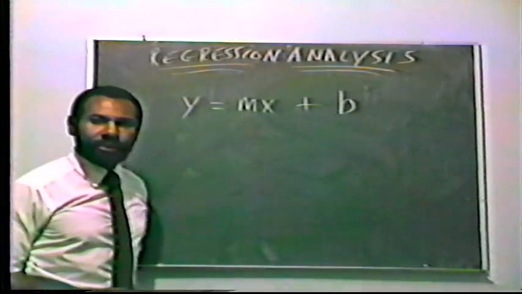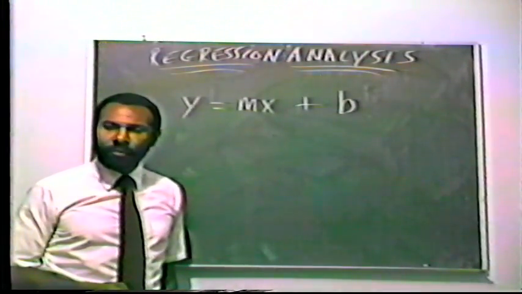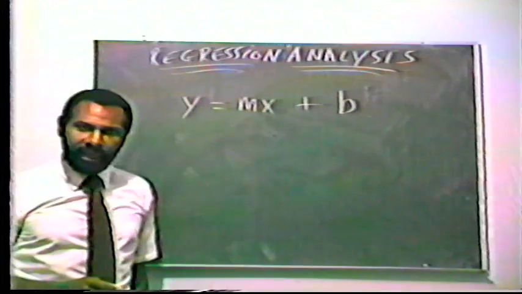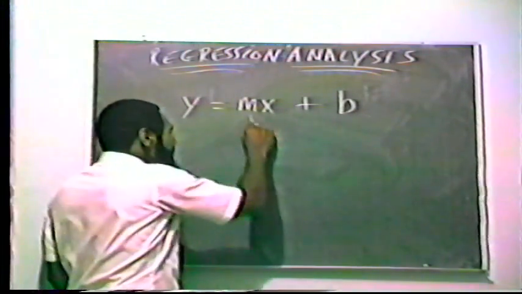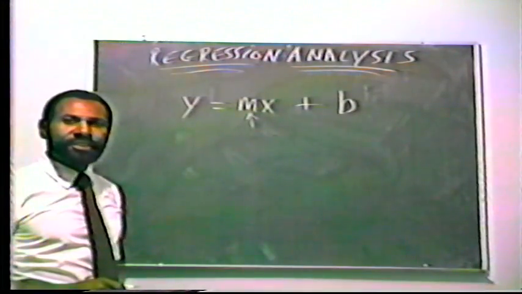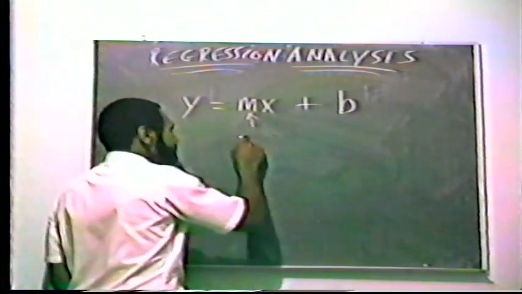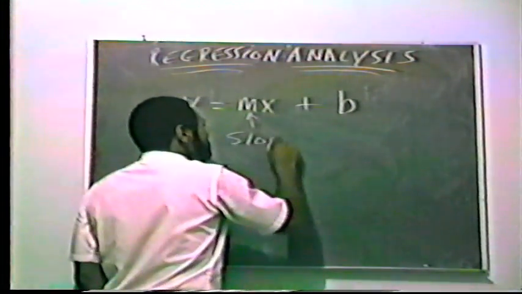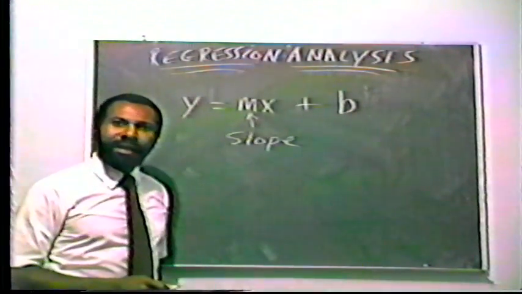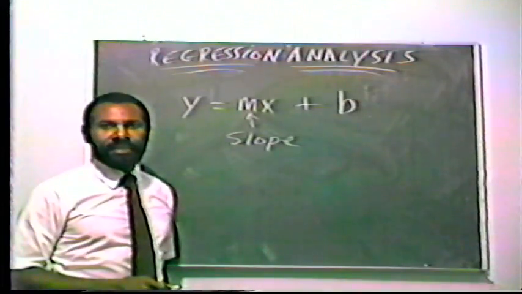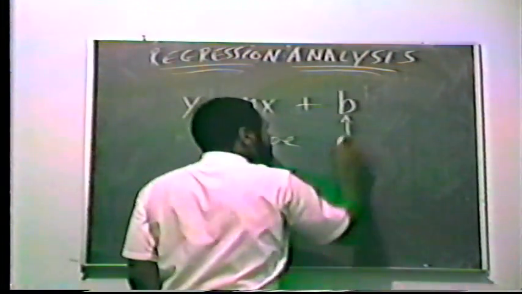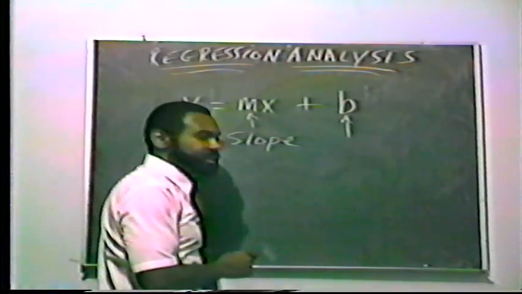Also recall that the m, the number beside x, is called the slope of the line. And of course, the slope tells us how much a line is slanted. The b represents the y-intercept.